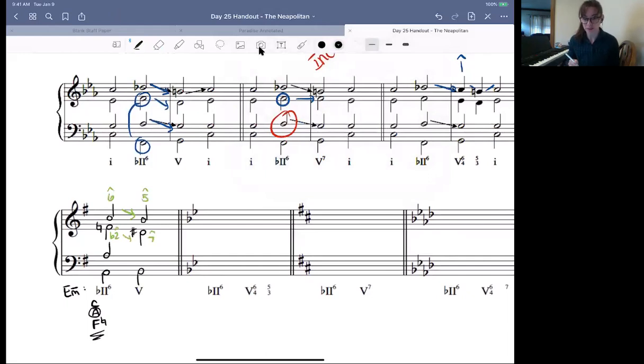Don't mess it up. Don't bring the tenor to a B because you're going to have parallel octaves against your bass. Your only other option then is to move your tenor down. And this gives you a complete triad too. I know a lot of you prefer complete triads.